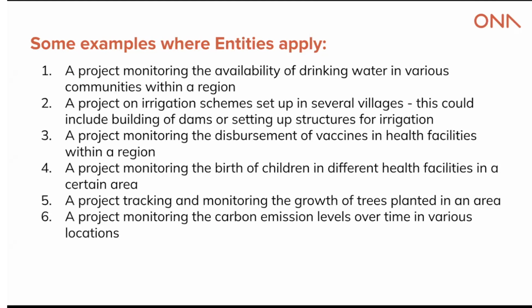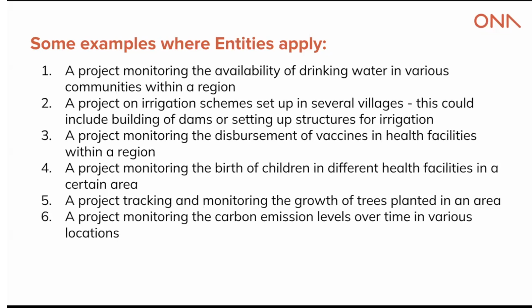Then you can also apply entities in irrigation schemes set up in several villages. This could include building of dams or setting up irrigation structures. For example, you could have something like the Ministry of Agriculture that is monitoring irrigation schemes in various villages or communities. So you can use entities just to follow this project up to confirm if it is beneficial to the community.